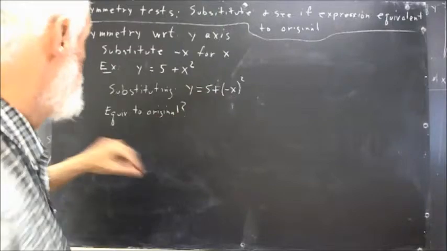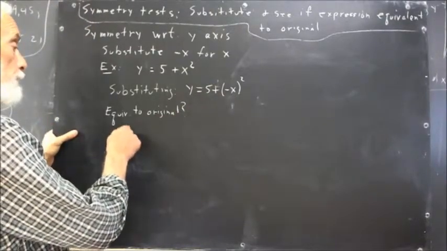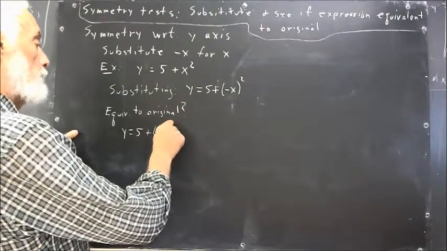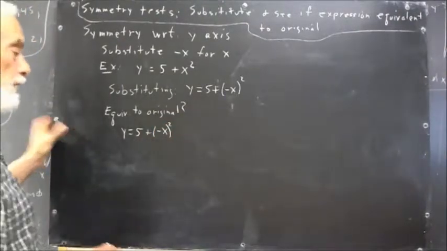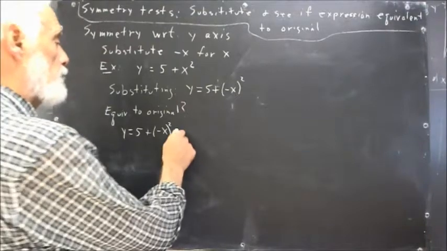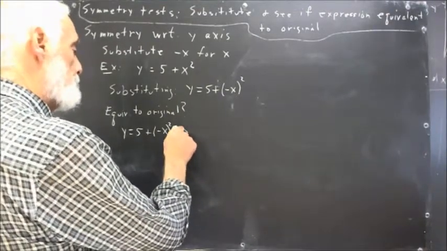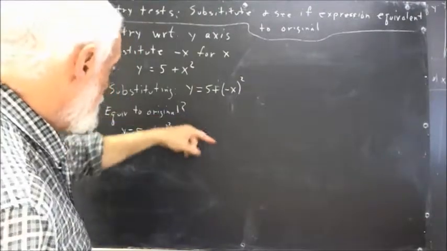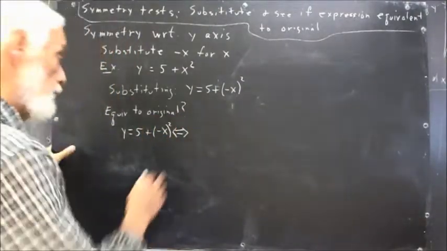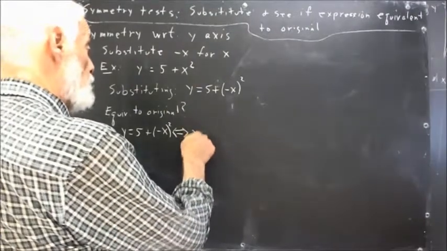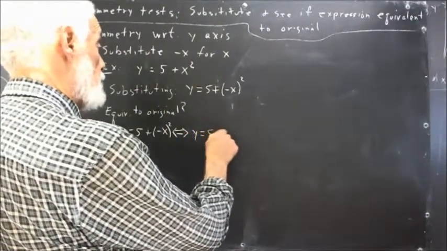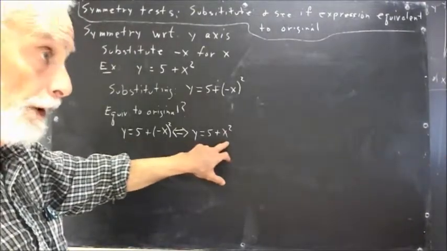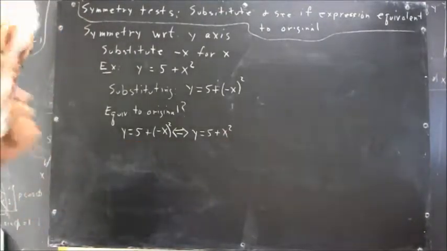We see that by saying that y equals 5 plus negative x squared is equivalent to, and I'm going to write a double arrow here, like an equal sign with an arrow pointing this way and an arrow pointing this way, y equals 5 plus x squared, since the square of negative x is x squared.